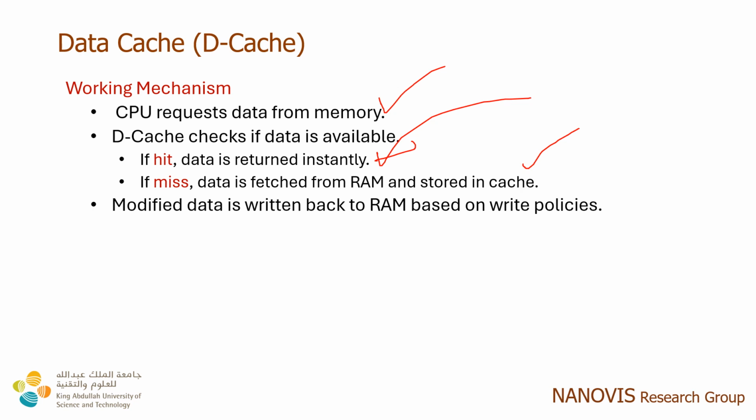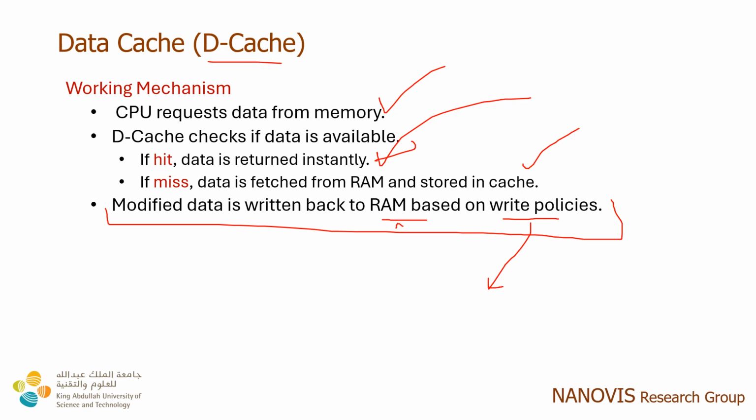If the cache has modifications, these are also written back into the RAM based on the write policies, which include write through, write back, and other writing policies. So this is the overall mechanism for the D cache.